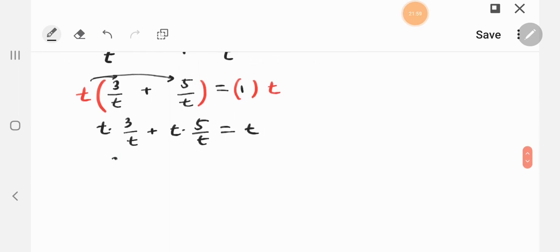Then cancel out t, so 3 plus 5 is equal to t, so 8 equals t. So t is 8. t is the number of hours it takes if each printer works alone. So it takes 8 hours to complete one job if each printer works alone.